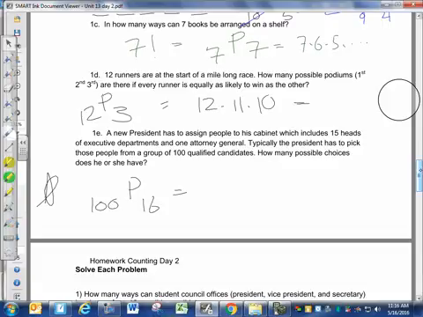No, I still have 18. 10. Three options. Six.